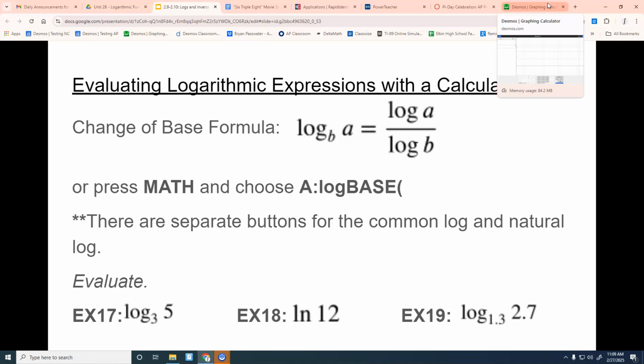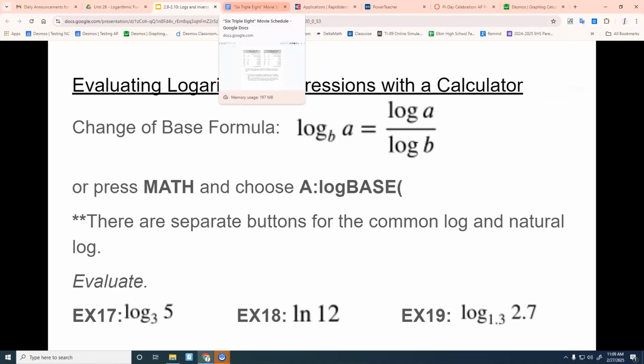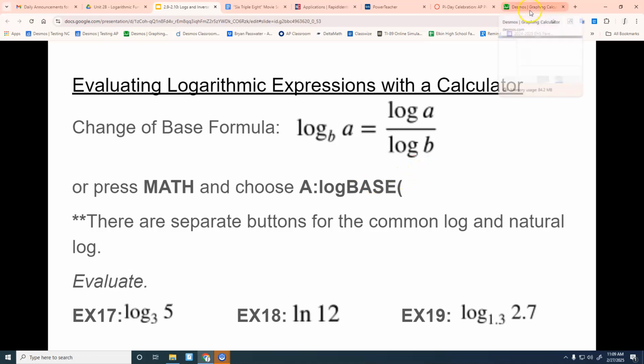And the big plus for us is that means we get to use Desmos on the test. But if you want to know how to do this on this calculator, you're going to click Math, and there's a log base on there. Or a lot of times, even in Desmos, I will use the change of base formula, because log base 3 of 5 could be written as log 5 divided by log 3.